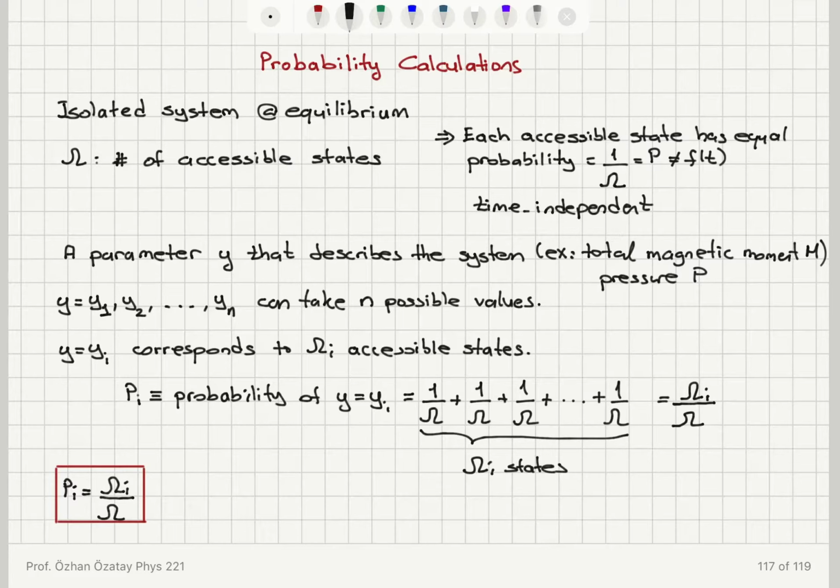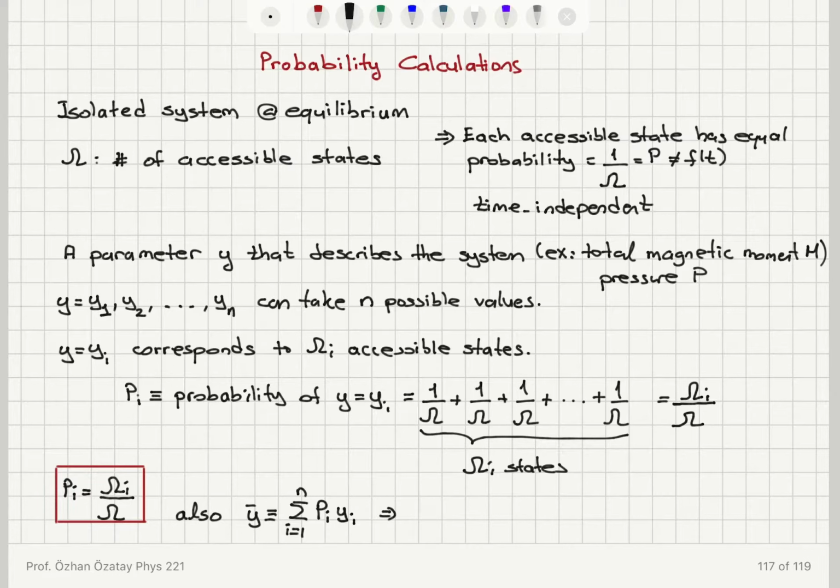So now that I know the probabilities assigned to each possible value of this parameter y, I can also calculate its mean value. By definition, go over all possibilities, multiply the probability of having a certain value by the value. So this is the definition of mean value.